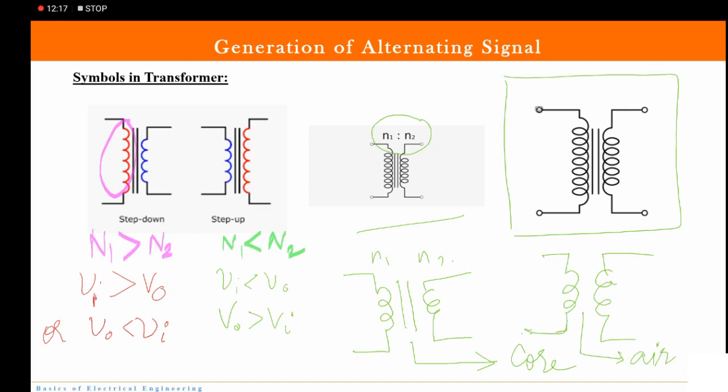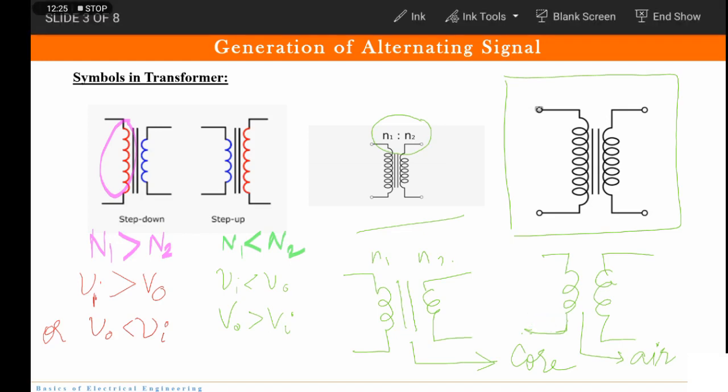Fine. Now, where do we use step-down transformer? So now see, generation is not enough. Suppose you have generated the voltage, right? But then it has to be distributed again. Where? To our houses. We get 230 volts, 50 hertz supply. Correct. So this is called distribution.